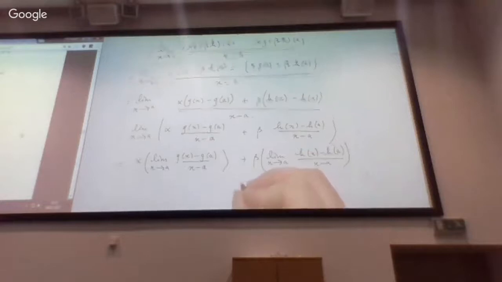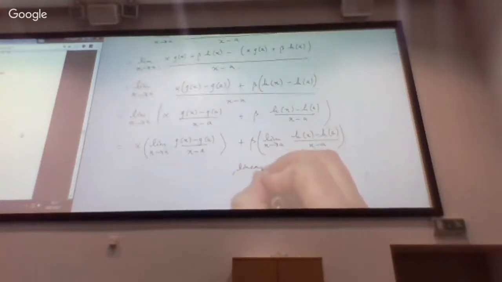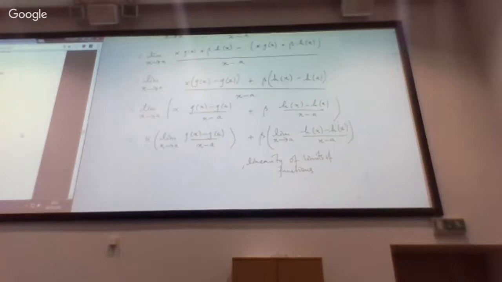The justification for that is the linearity of limits of functions, which we've already discussed at the beginning of this chapter when we were looking at limiting values of functions and continuity.